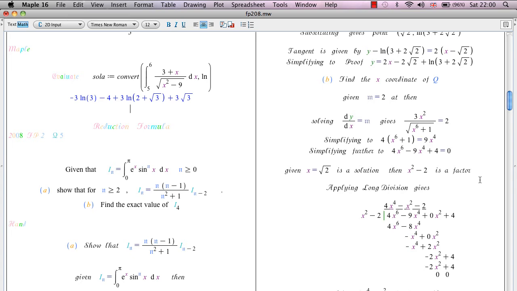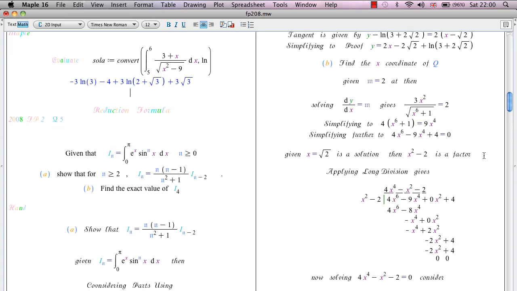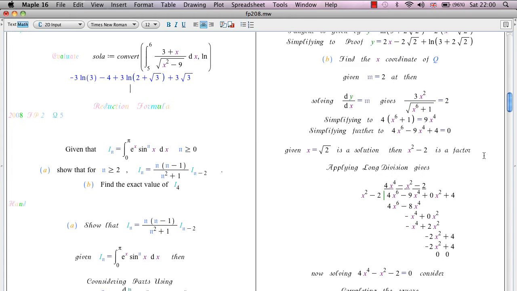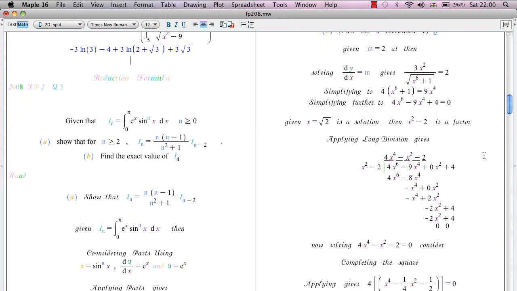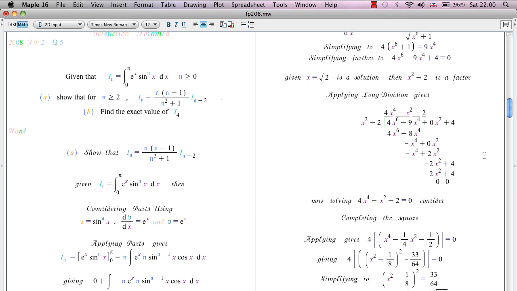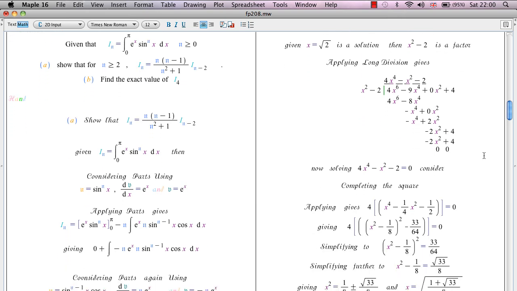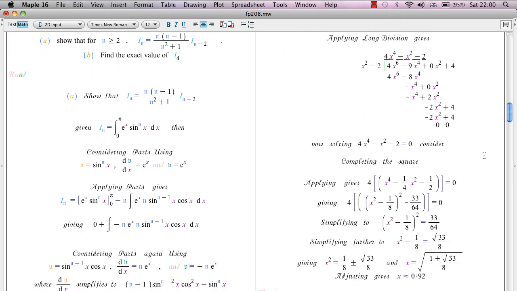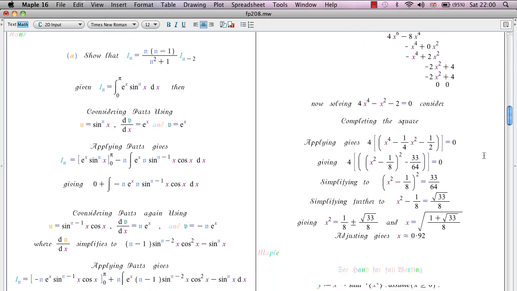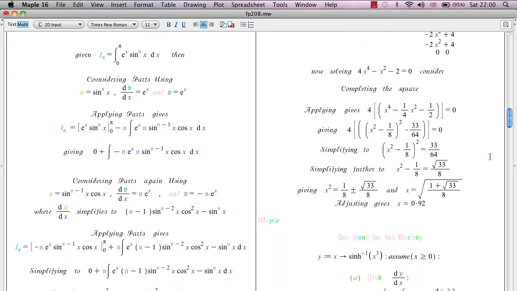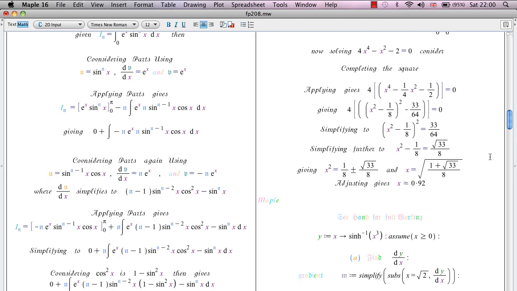So x equals root 2 will be a solution, and x squared minus 2 will be a factor. So applying long division gives 4x^4 minus x squared minus 2, and completing the square, ignoring the negative solution, gives x equals root of (1 plus root 33) over 8.